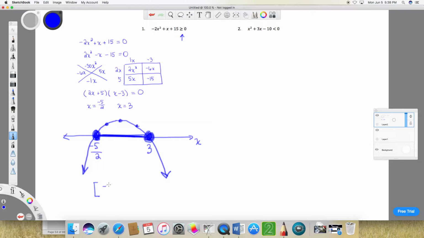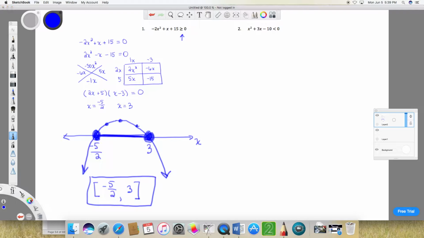So that's my solution set: pick any x that's greater than or equal to negative 5 halves and at the same time less than or equal to 3. I guarantee you, when you plug it in, you'll have a number that's positive or 0. If you pick a number outside of the shaded region, it'll be less than 0, a negative number. All right, so that's our answer. This is our solution set.